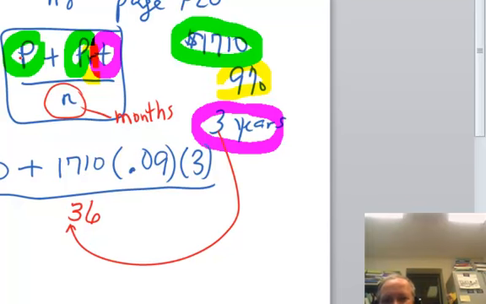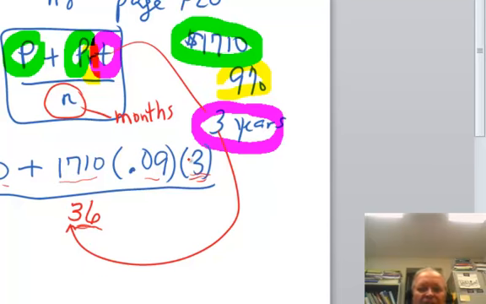The amount of money borrowed is $1,710 plus the 1,710 times the interest rate, 9%, times the number of years. T is in terms of years, and that's going to be 3. The bottom, you're going to have 36 payments, 3 years times 12 months, so that bottom number is 36. I want to be sure you have the difference between the 3 and the 36 right there.